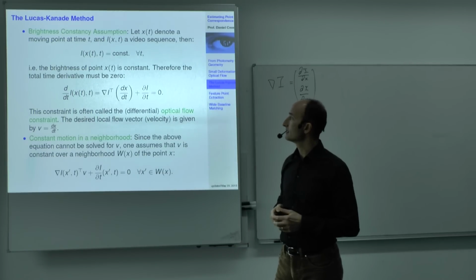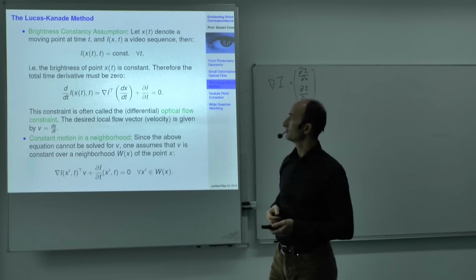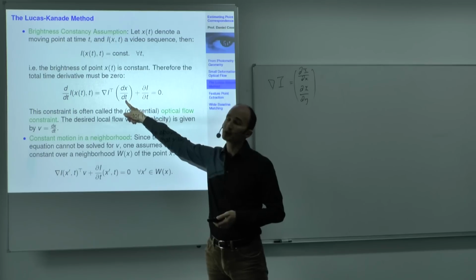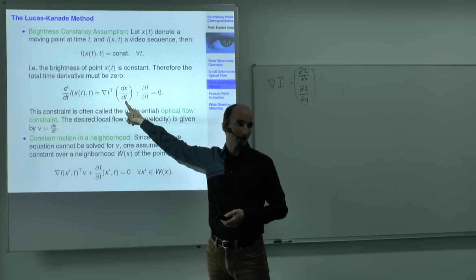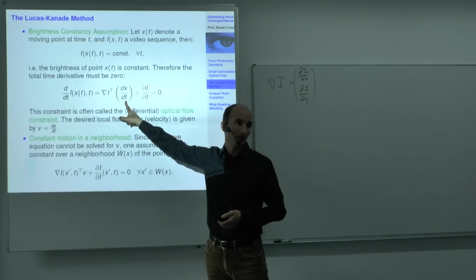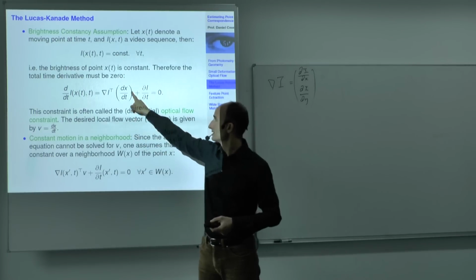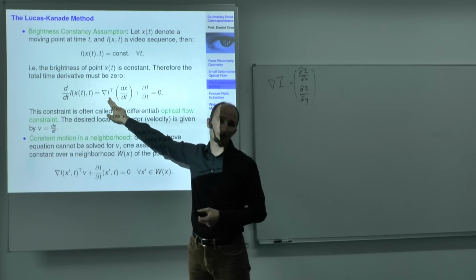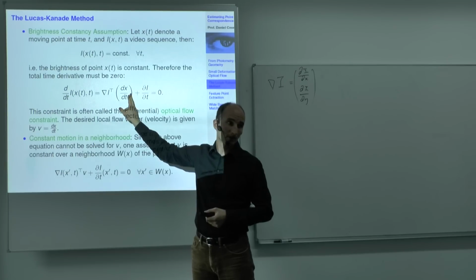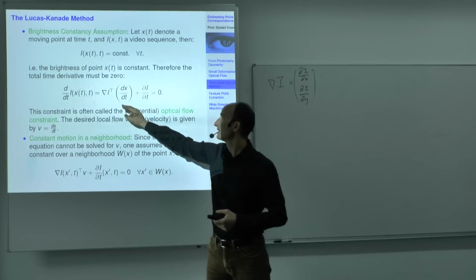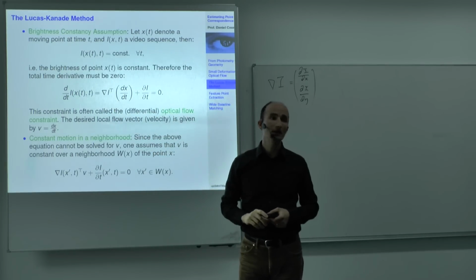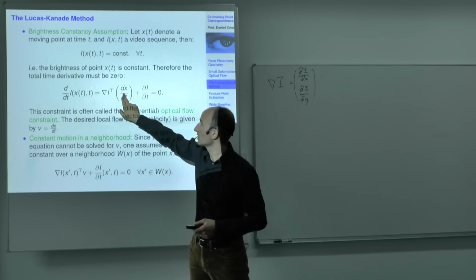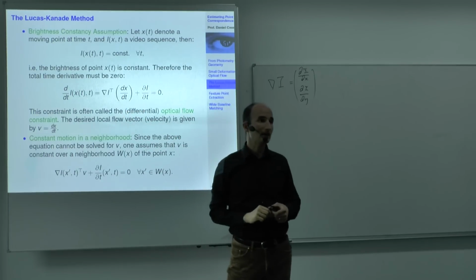Unfortunately, and we will see this is the big problem for optical flow estimation, we cannot solve this equation directly for the velocity vector. Because it's written here, but you cannot invert this. This is a scalar product of two vectors. So the only thing that enters the equation here is the projection of the velocity onto the image gradient.